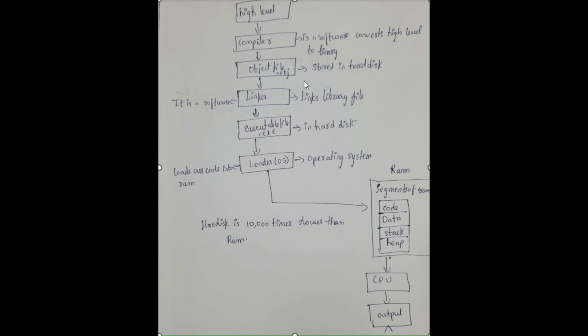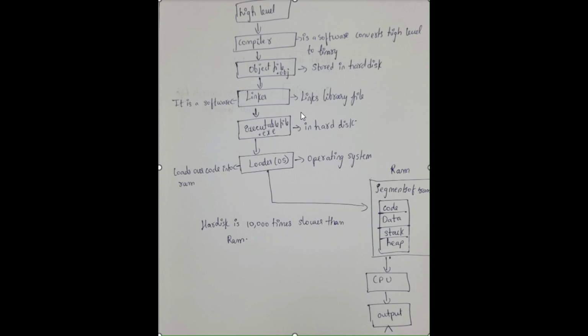Here another thing comes into play: the linker. What is this linker? The linker is also a software. The linker links all the required library files to our object file.